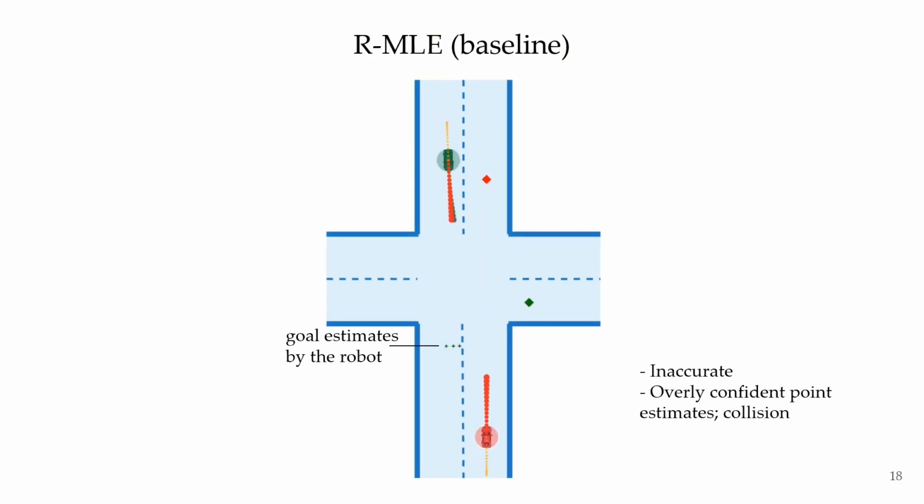By contrast, the baseline often predicts inaccurate goal estimates since it ignores the underlying prior distribution. Furthermore, the point estimates can cause overconfidence in downstream motion plans and therefore increase the risk of collisions.